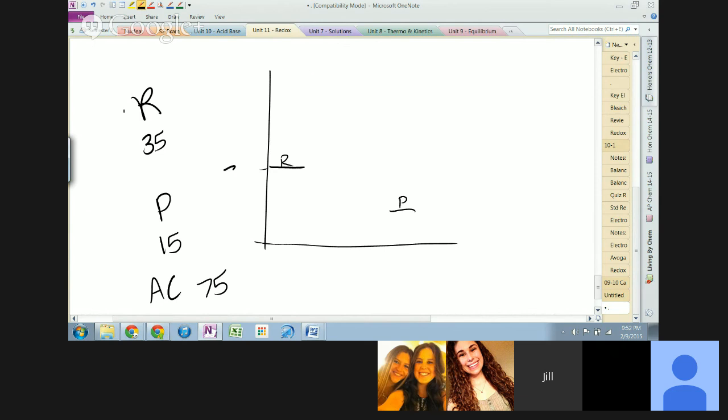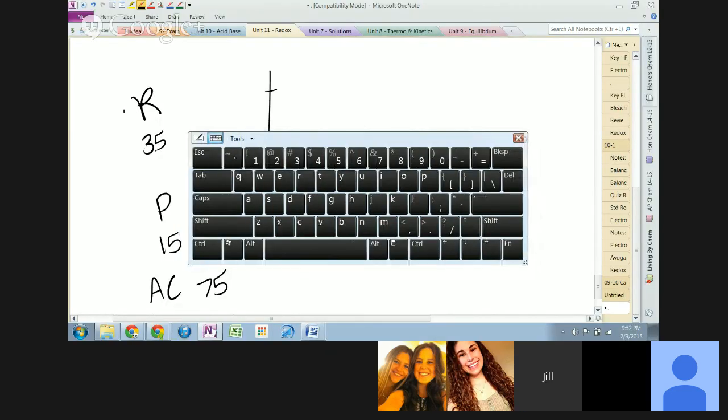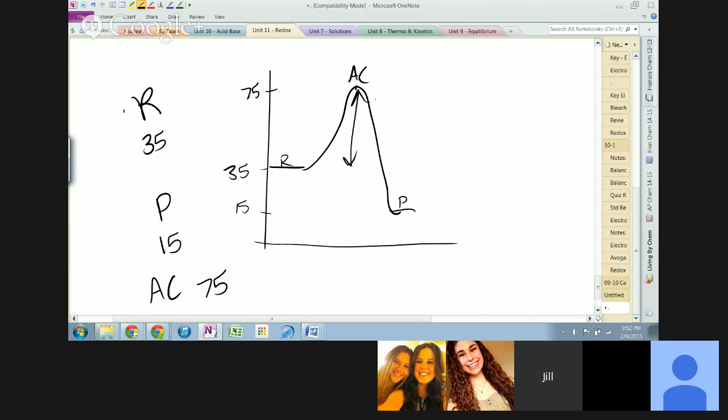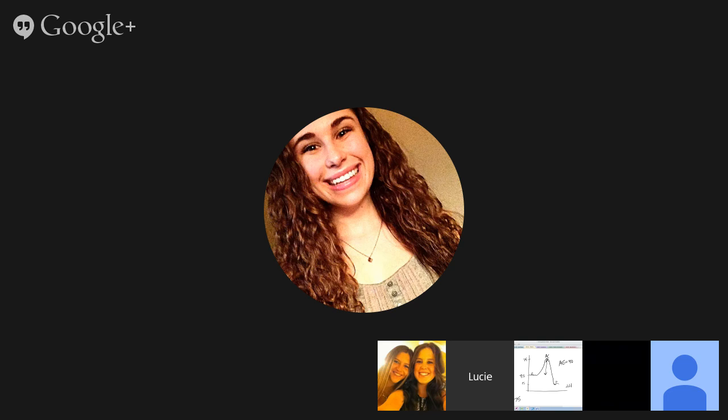Does that mean it is 75 higher than where you start, or that it's at the max of 75? Max of 75. Yeah. So what would be the activation energy for this reaction? 40. Yeah, the activation energy would be 40. What would be the delta H?